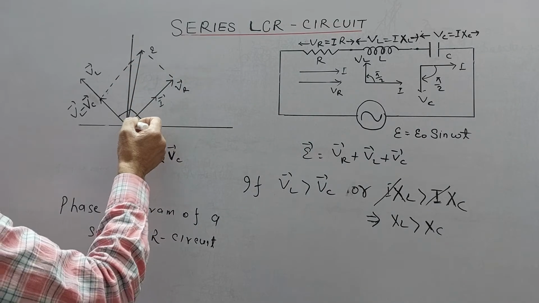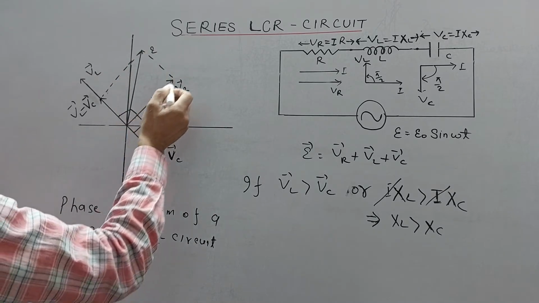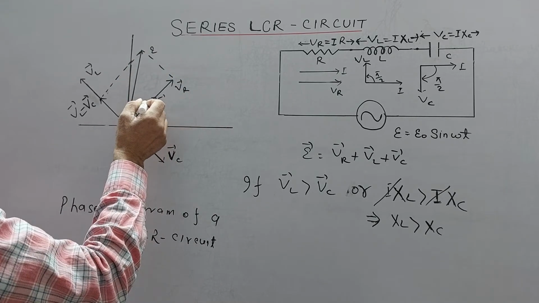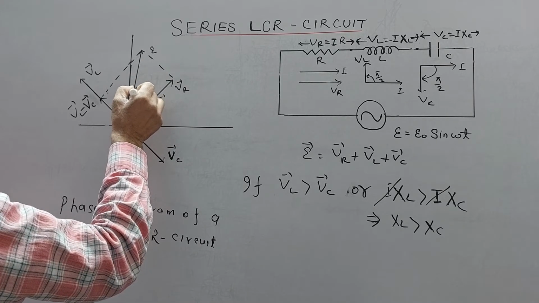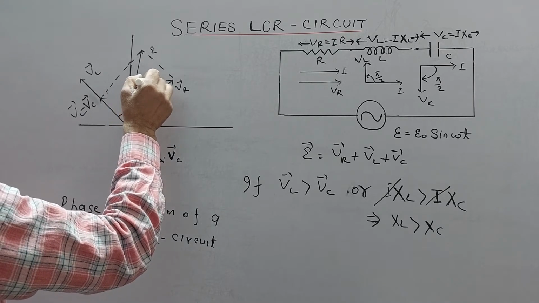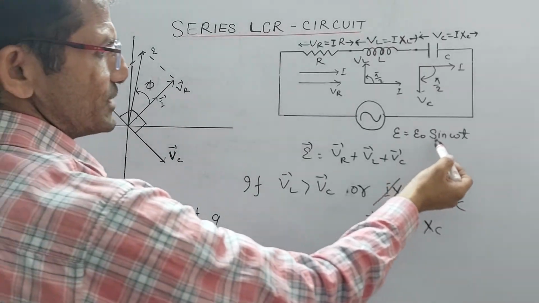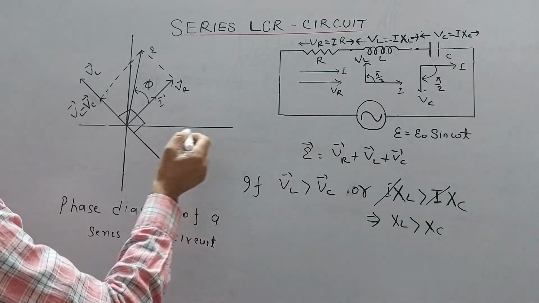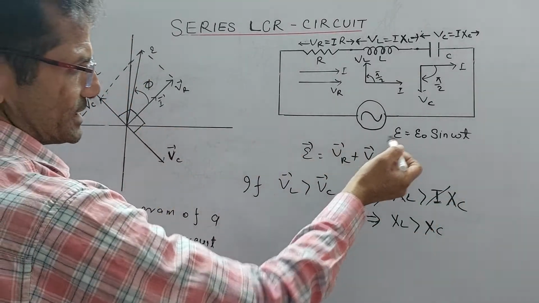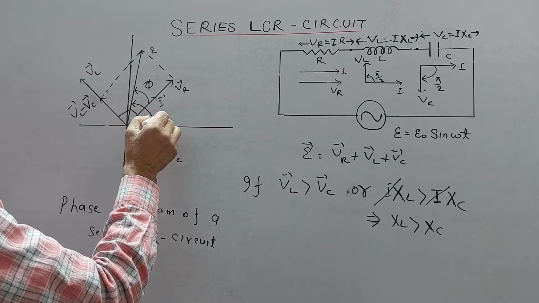So here, it is seen that this applied voltage is ahead of the current. Let us suppose the angle between I and E is phi. Here, in terms of sine omega t, the applied voltage makes an angle omega t with the positive direction.